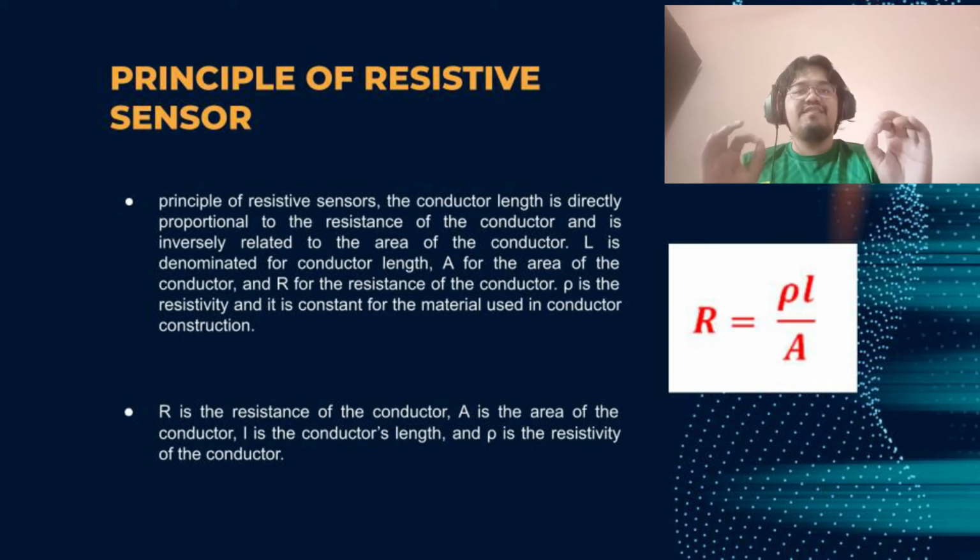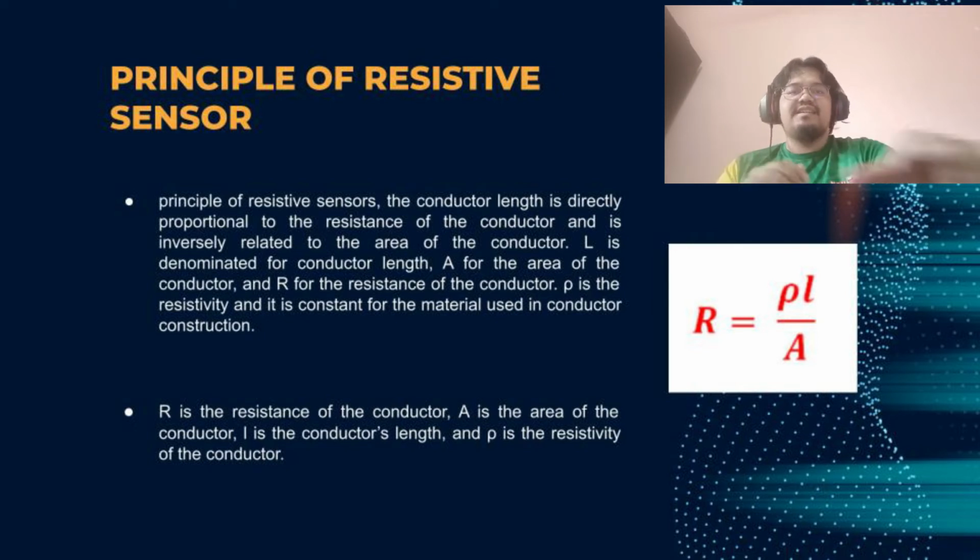Rho is the resistivity, and it is constant for the material used in conductor construction, and its formula is R equals rho L over A, where R is the resistance of the conductor, A is the area, L is the length, and rho is the resistivity. And this is the formula of the resistive sensor.